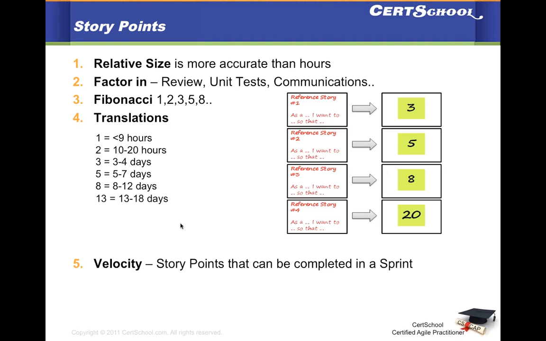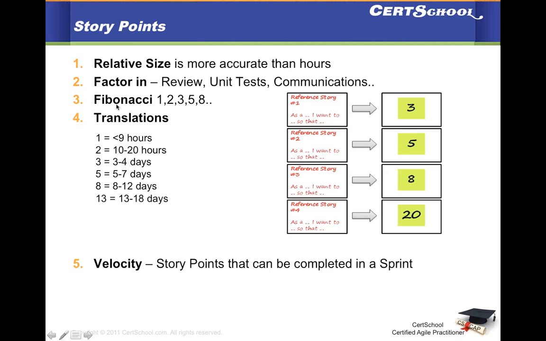So my recommendation every time I see a story with a high story point is that you can break the story down into smaller stories. 9 out of 10 times I have come across a situation where I've seen a higher story point estimate, 13 or 20 or 40, we have been successfully able to break that story down into smaller stories which conform much more closely to the INVEST principle.